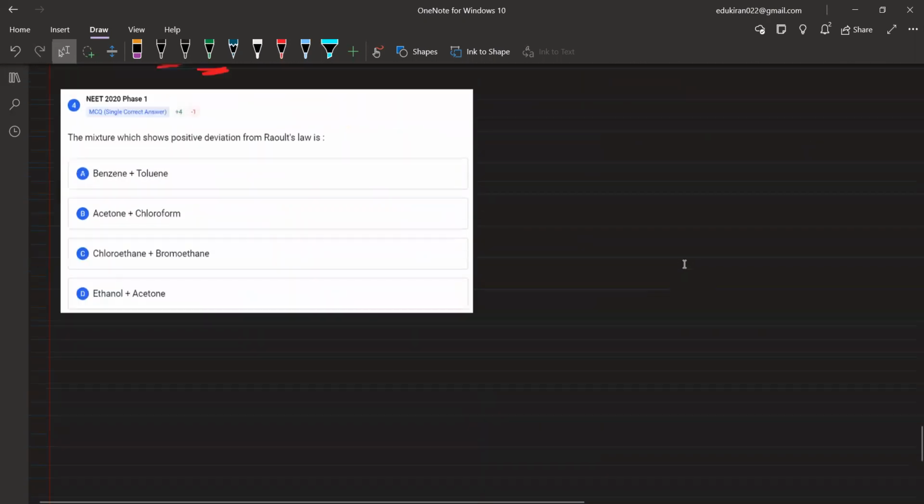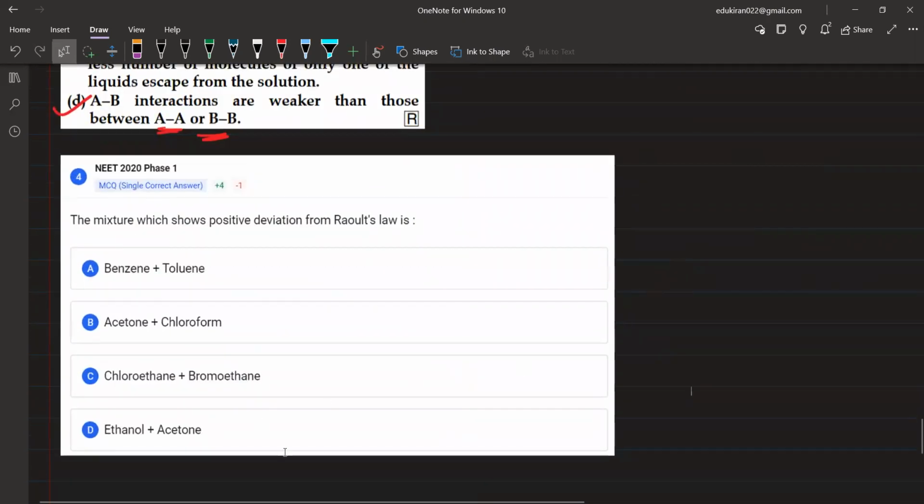The mixture which shows positive deviation from Raoult's law.